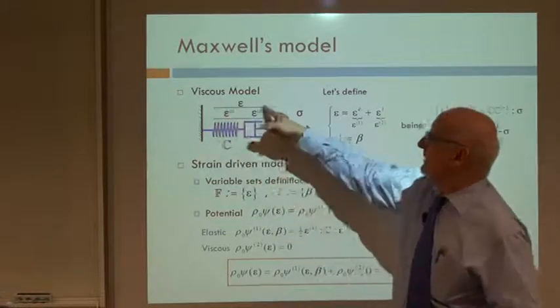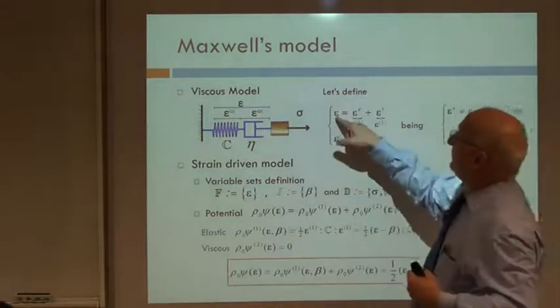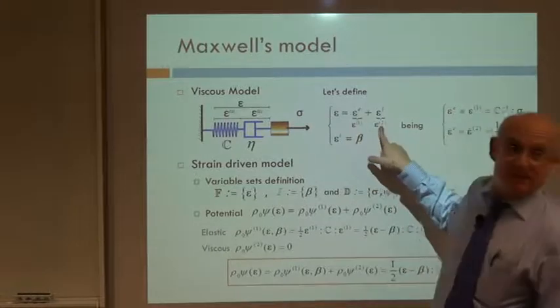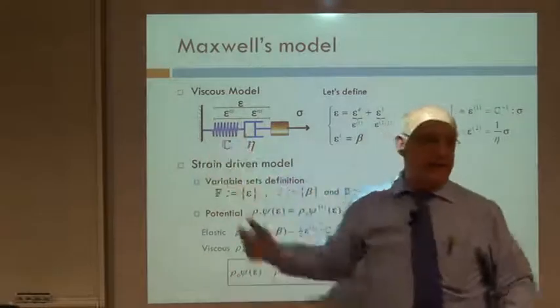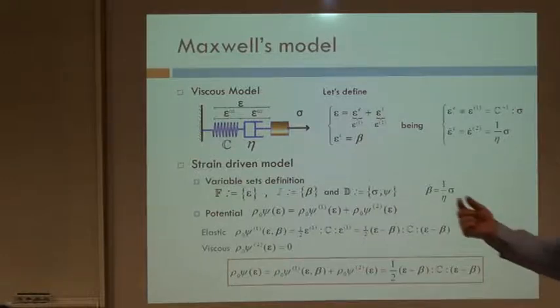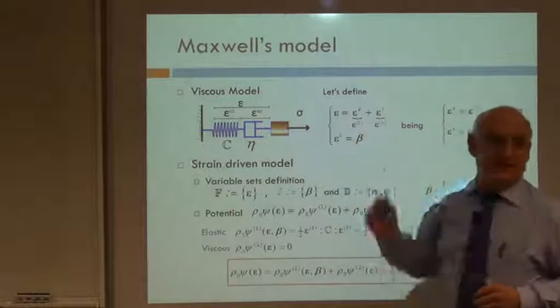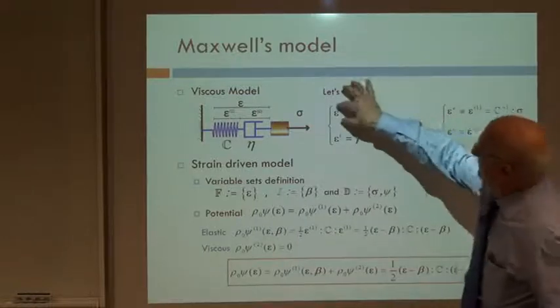And then I can say that, since they are in a serial arrangement, the total strain is the sum of epsilon 1 plus epsilon 2. Epsilon 1 is the strain of an elastic model, so it could be thought of as an elastic strain, and epsilon 2 is the inelastic strain. So that's one general case of this additive decomposition of the strain-based models that I refer to sometimes. Okay. Well, I have that.